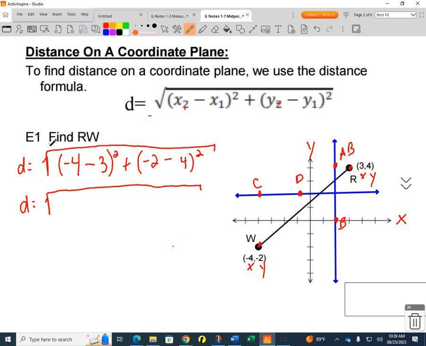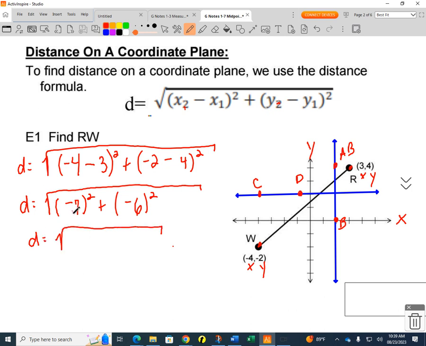All right, so we're going to do parentheses. Negative 4 minus negative 3 is negative 7 squared, plus parentheses. Negative 2 minus 4 is negative 6 squared. Now I'm going to go through and simplify some more.